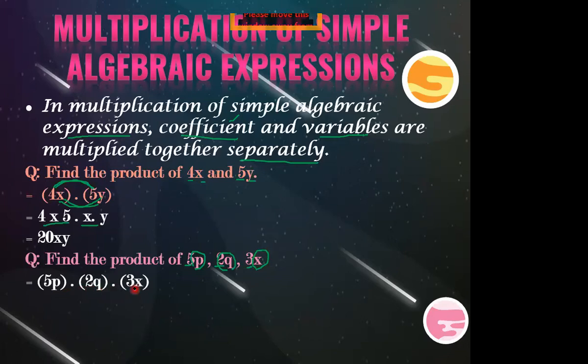Separately you will multiply the coefficients: 5 multiplied by 2 multiplied by 3. 5 multiplied by 2 will be 10, and 10 multiplied by 3 will be 30. The variables are different, so you copy them down as it is: p, q and x. So this is the way to multiply simple algebraic expressions when the variables are different.